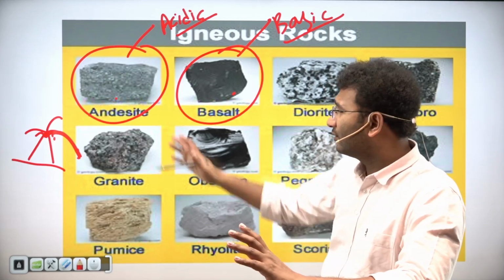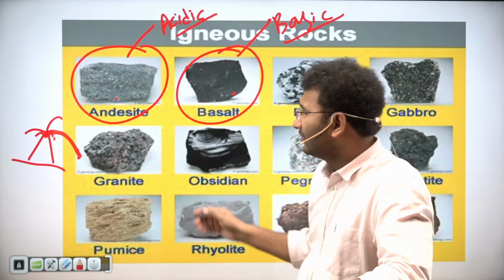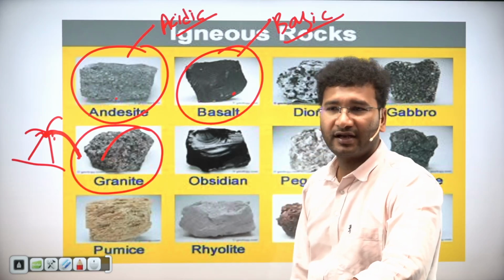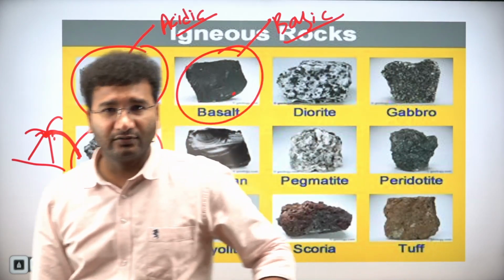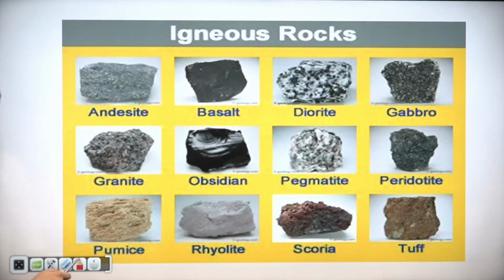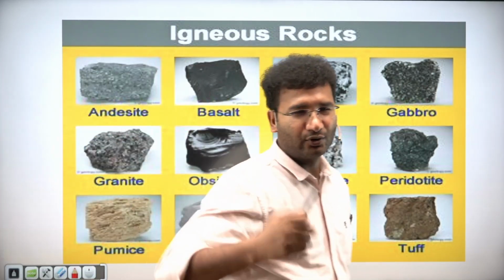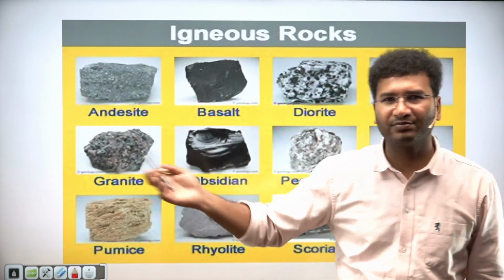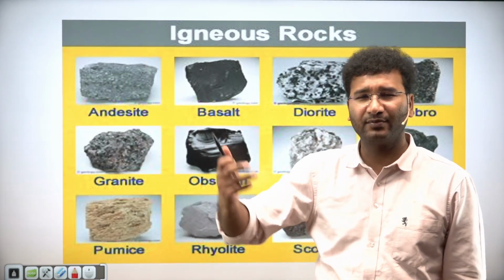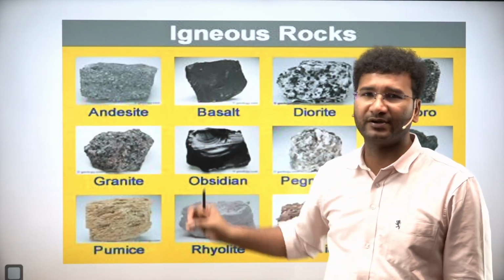Now all these rocks have varied levels of acidity, right? So let me quickly read out the names of these rocks. UPSC or any other state PCS might ask you which of the following is considered to be an igneous rock. They'll give you options with metamorphic rocks, or try to give you a match the following. There is a possibility of a question being asked from this particular slide.